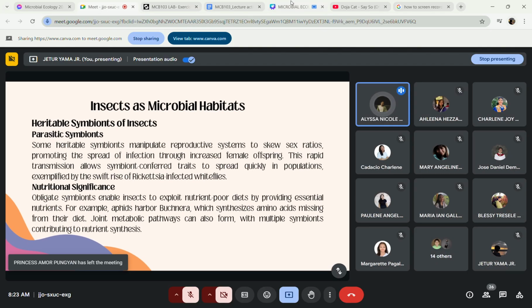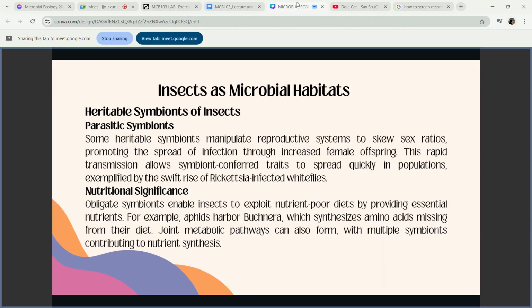For nutritional significance, obligate symbionts enable insects to exploit nutrient-poor diets by providing essential nutrients. For example, aphids harbor Buchnera, which synthesizes amino acids missing from their diet. Joint metabolic pathways can also form with multiple symbionts contributing to nutrient synthesis. So, next slide, please.